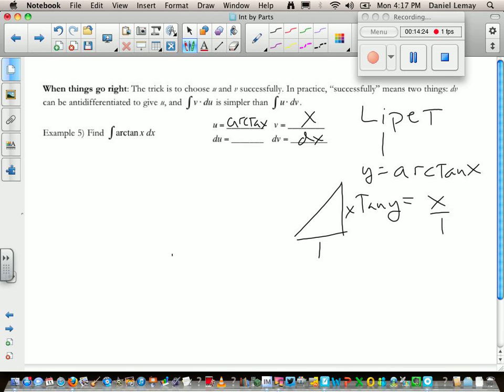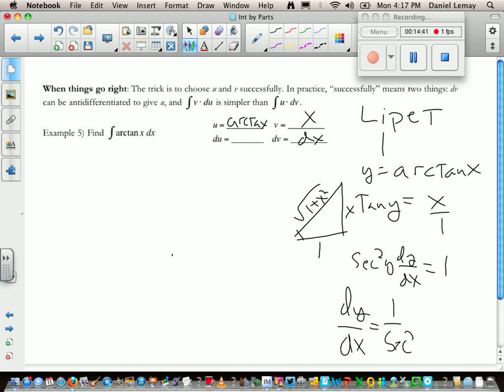This is the square root of 1 plus x squared, or x squared plus 1. Now if I take the derivative, I'm going to get secant squared y dy dx equals 1. So dy dx equals 1 over secant squared y, or cosine squared y.